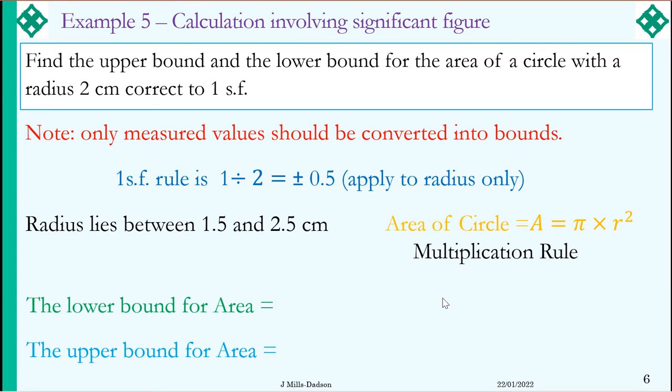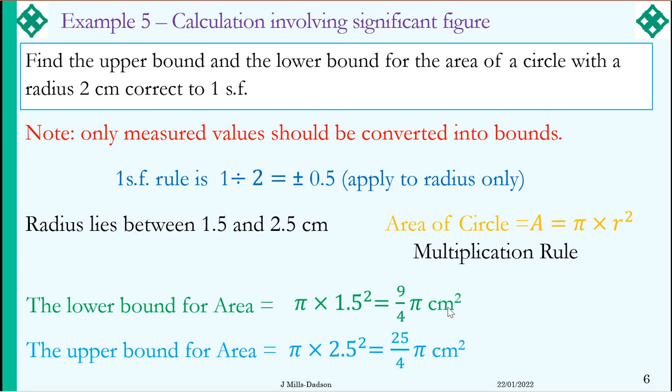Multiplication rule. So we're going to use the biggest for the bigger number and lowest for the lower number. So if you want the lower bound area, you're going to use the lower radius. And that will give us 9/4 pi cm squared. If you want the upper, you're going to use the upper measurement for the radius, which is 2.5.